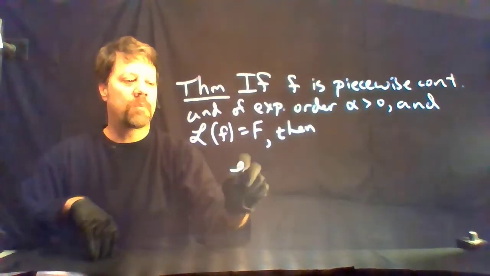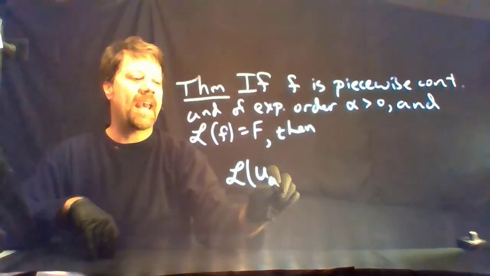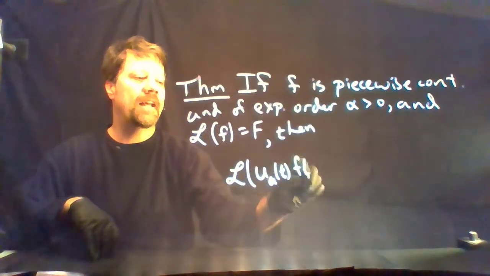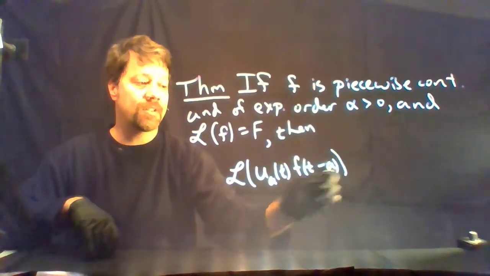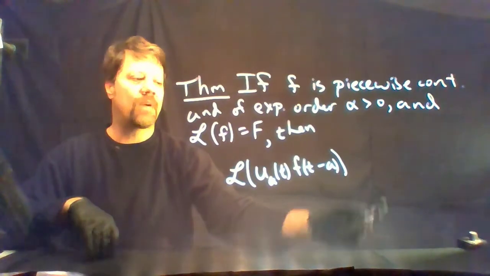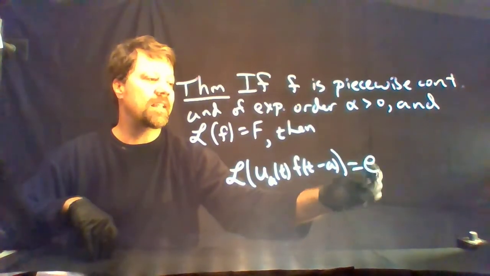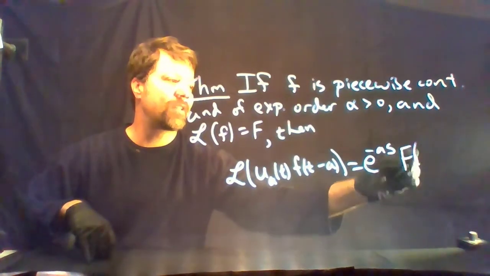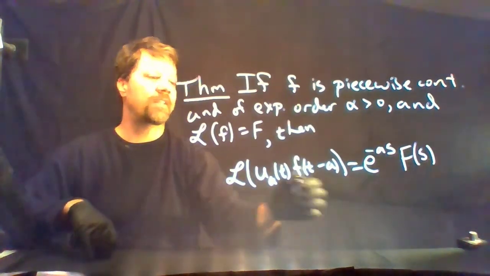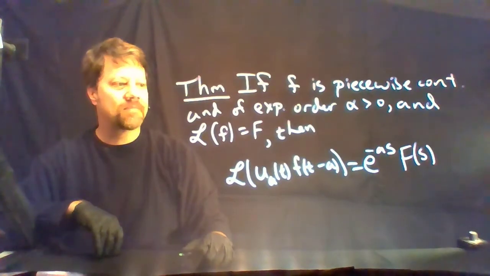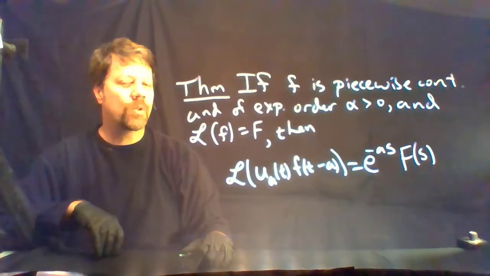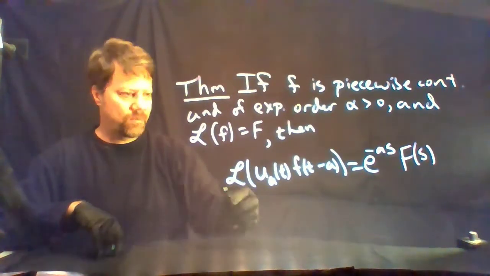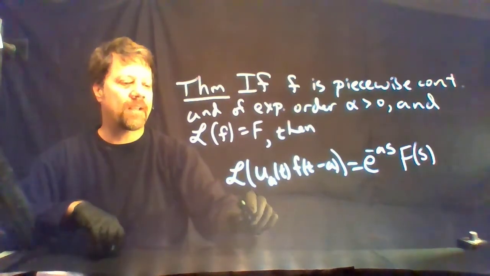then the Laplace transform of u_a of t times f of t minus a, notice this is translated a units to the right, is e to the minus as times the Laplace transform of little f untranslated. We're going to use this two ways. We'll use it this way, but we'll also use it this way.